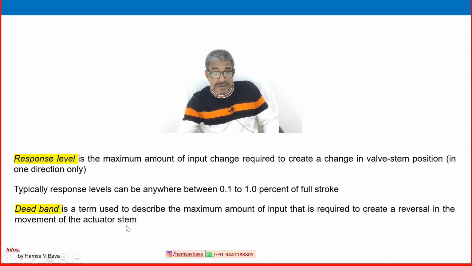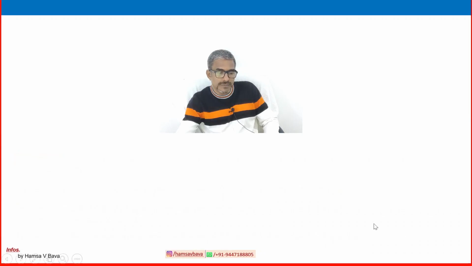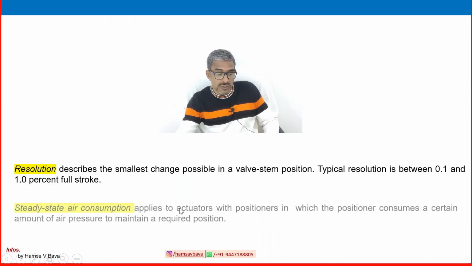These terms mainly benefit maintenance, control system, and instrument people, and somewhat mechanical people. Typically, deadband measurements fall between 0.1 to 1% of the full stroke. Resolution describes the smallest change possible in valve stem position, typically between 0.1 to 1% of the full stroke.